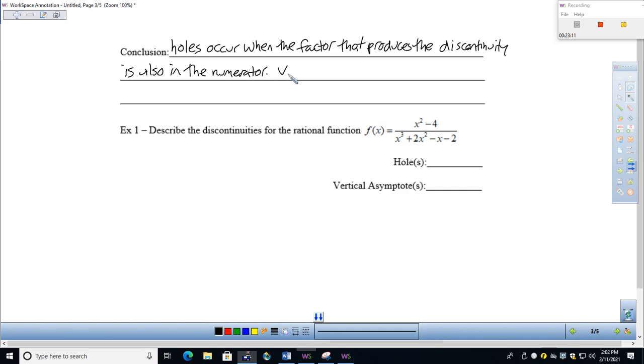Vertical asymptotes occur when the factor that produces the discontinuity is not in the numerator.